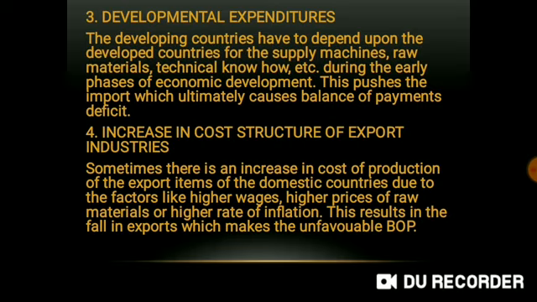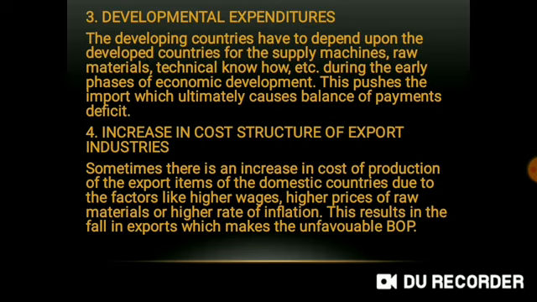For example, we have some items which are exported a lot. For example, spices. For example, textile commodities. Okay, so if there is an increase in the prices of raw materials in the textile industry, then what will happen?